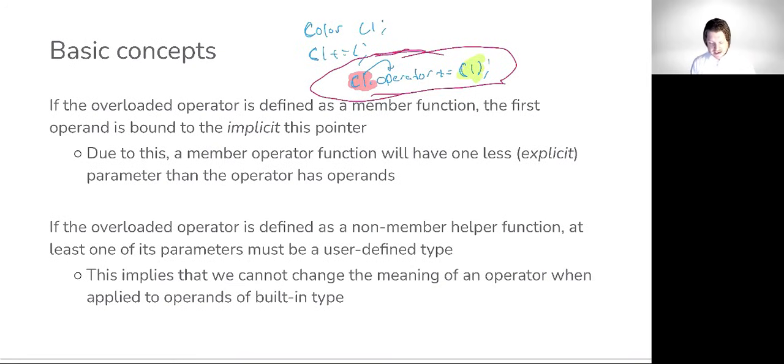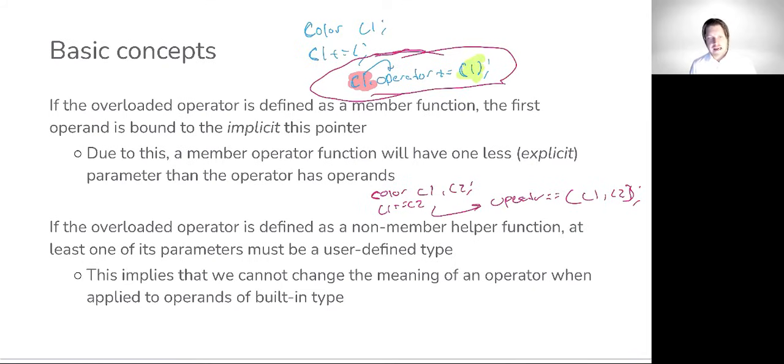For instance, consider the test of equality case, which we'll see is always going to be defined as a non-member: C1 == C2 gets mapped to operator== with both of the arguments explicitly passed to this overloaded operator, meaning it's a binary operator, and indeed we see two parameters and thus two arguments for this non-member helper function.